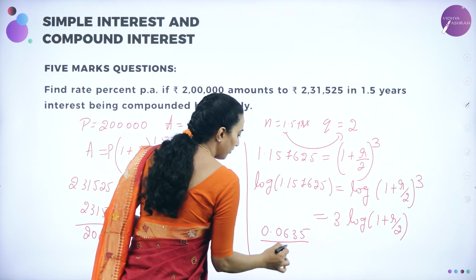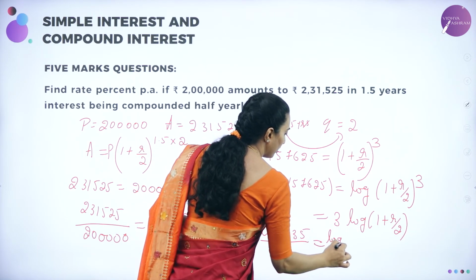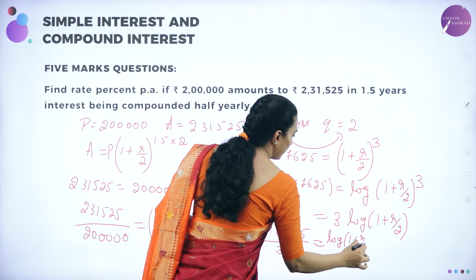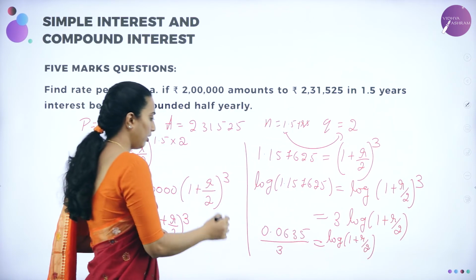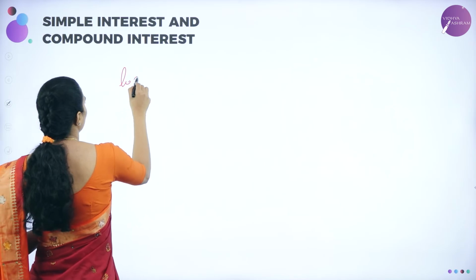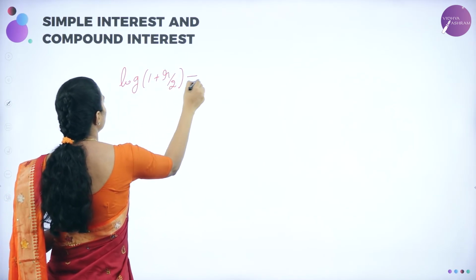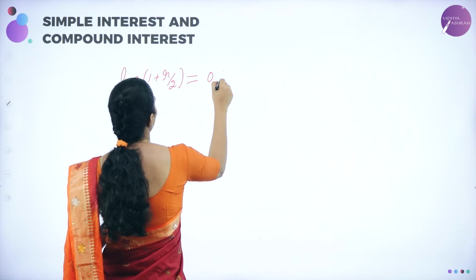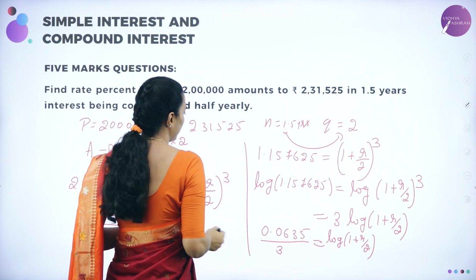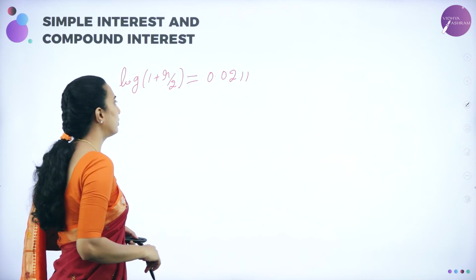Divided by this 3, which comes to the denominator, remaining is log 1 plus R by 2. So log 1 plus R by 2 is equal to 0.0635 divided by 3, which is 0.0211.